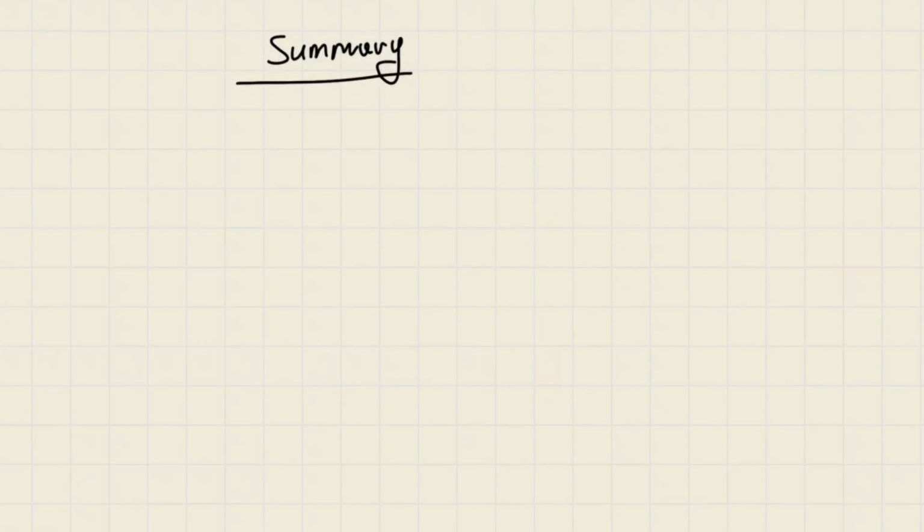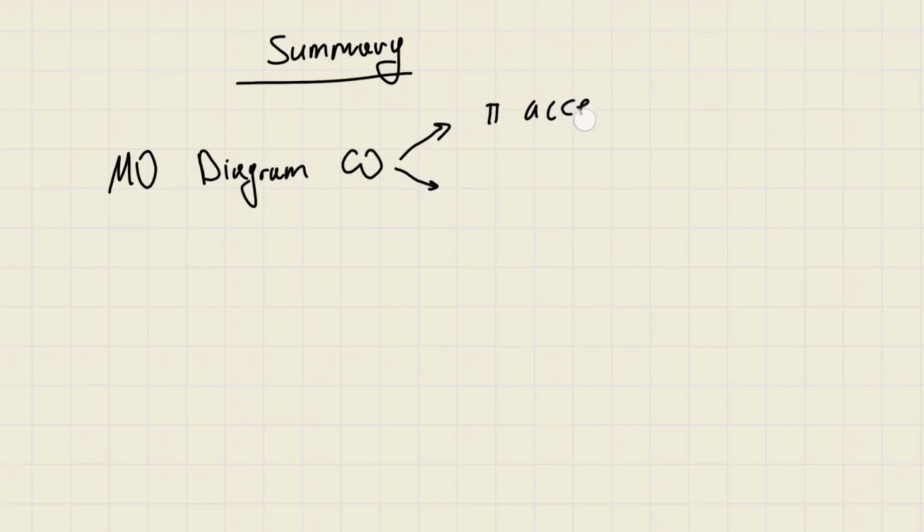This is probably the most important part of this lecture series. So we showed the MO diagram of the CO, and it is important to understand the pi-accepting ability or backbonding of the CO molecules. And we also showed the sigma donor ability of the CO molecule, and we showed the effect on the bond order.